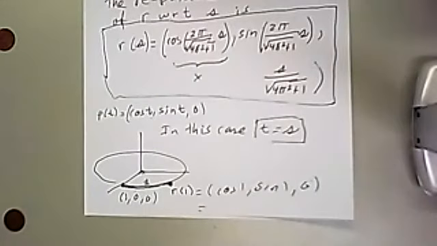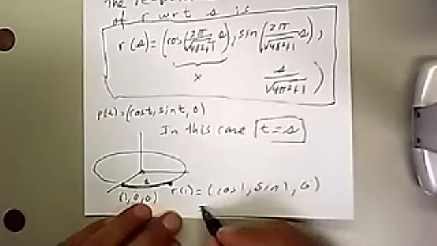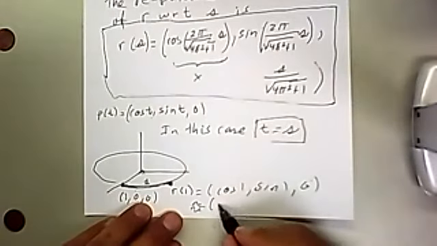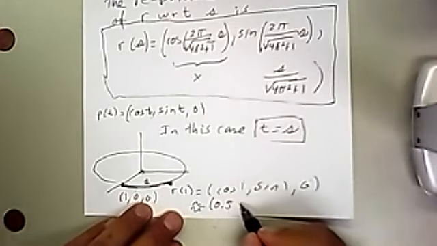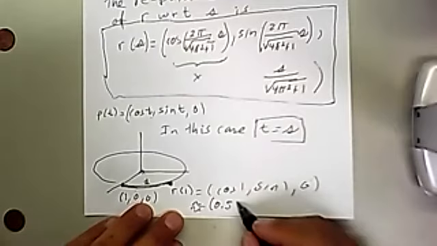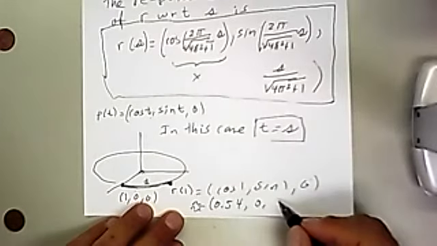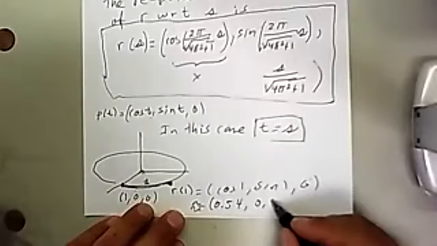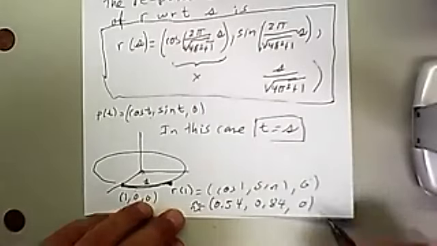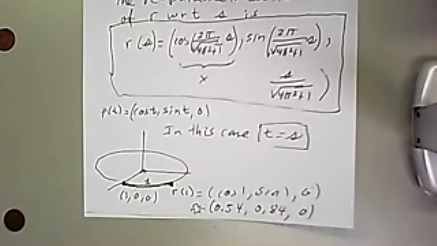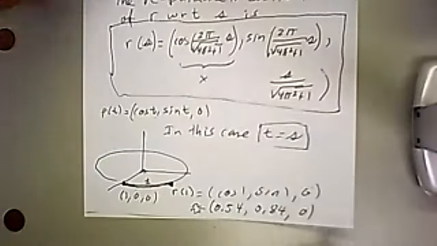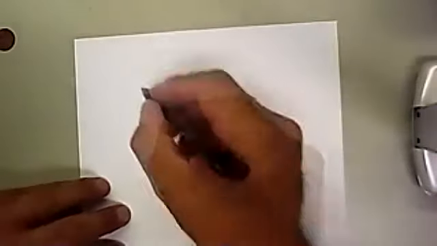I figured this out earlier. This is about, not exactly, about 0.54, 0.84, and 0. The reason I want to do that is because I want to compare this with the example R. So let's draw both.